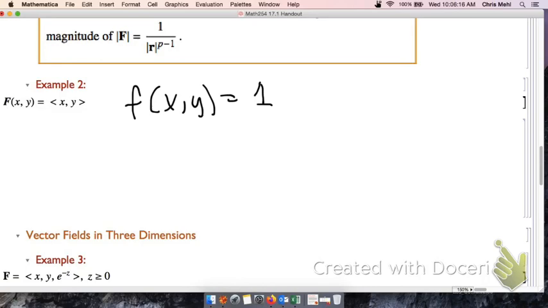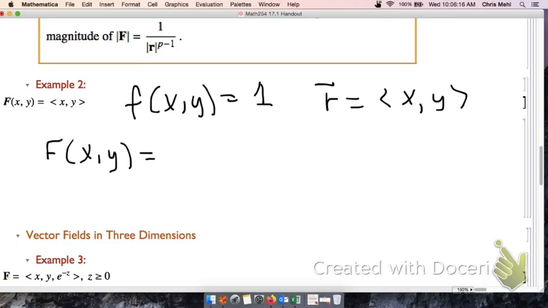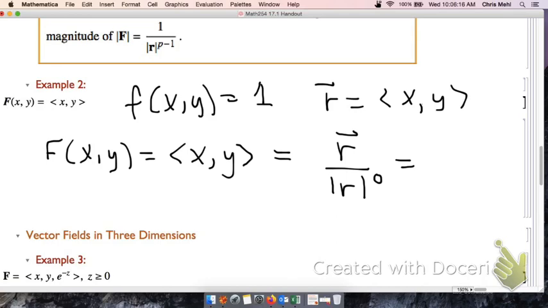And the other thing here that's interesting is, if r was equal to x, y, then capital F in this case, which is just the vector field with components x, y, is just r divided by the magnitude of r to the 0 power, if you like, which just gives you back r. So really it's a radial vector field where p is equal to 0.